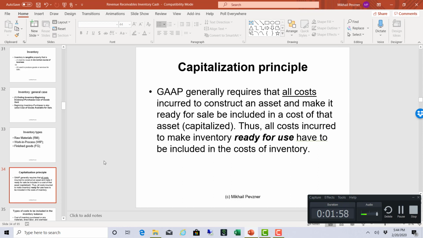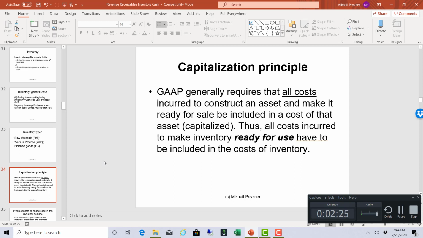The key thing to remember about inventory, and for that matter for most assets, is that it abides by the capitalization principle. The capitalization principle has to do with what you consider an asset, what expenditure you consider an asset. So any expenditure that has long-term benefit and is necessary to make the asset available to the company needs to be capitalized.